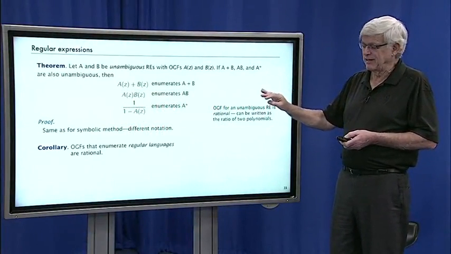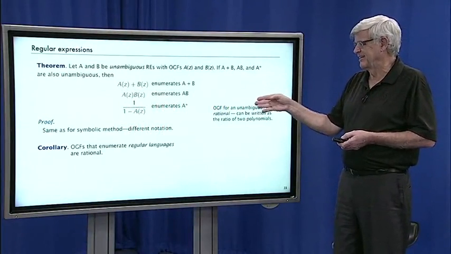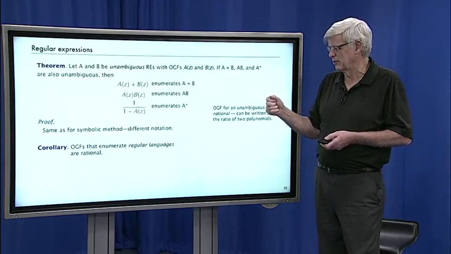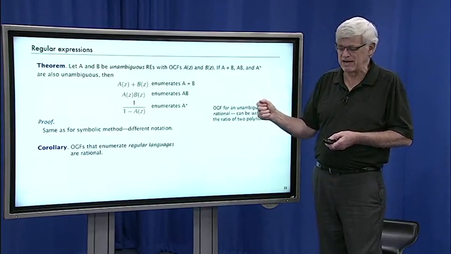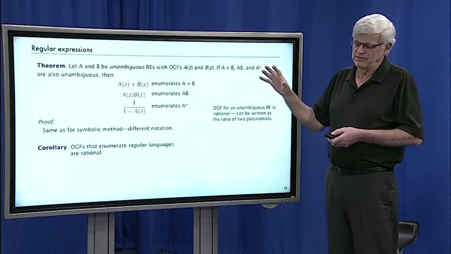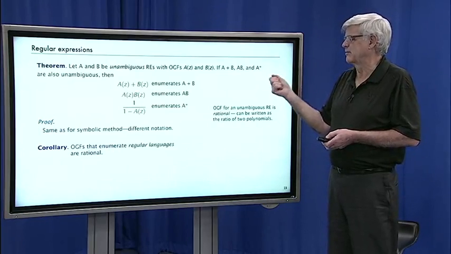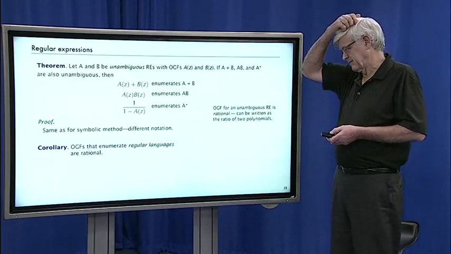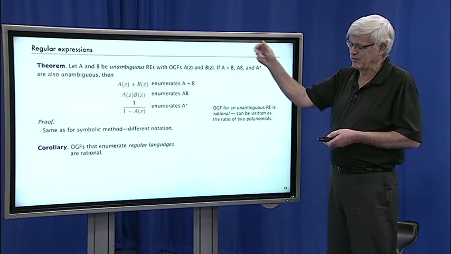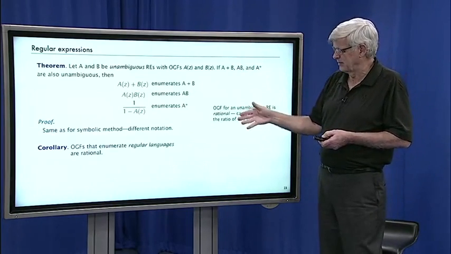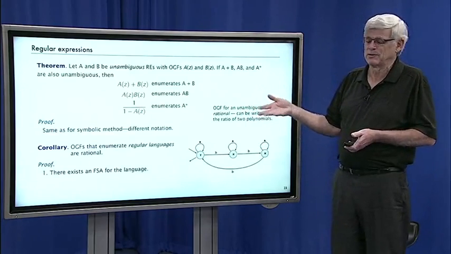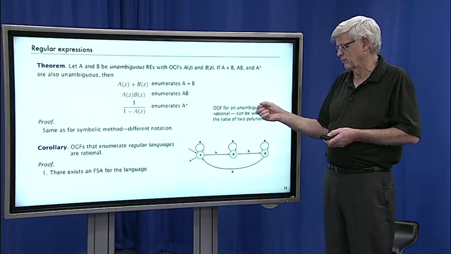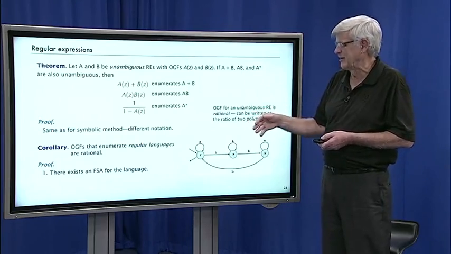Just to highlight the point, another way to say this is that OGFs that enumerate regular languages are rational. So a regular language is one for which there exists an RE. It doesn't necessarily have to be unambiguous, but there's a well-known construction that gives an unambiguous regular expression for any regular language.